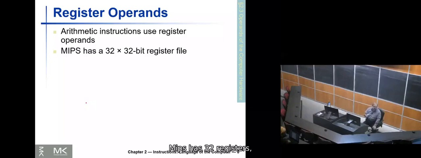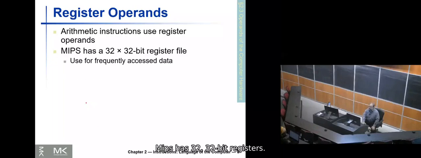MIPS has 32 registers, and each register is 32 bits wide. So MIPS has 32 by 32-bit registers. They will be used in all of the operations of the processor when it wants to do something.